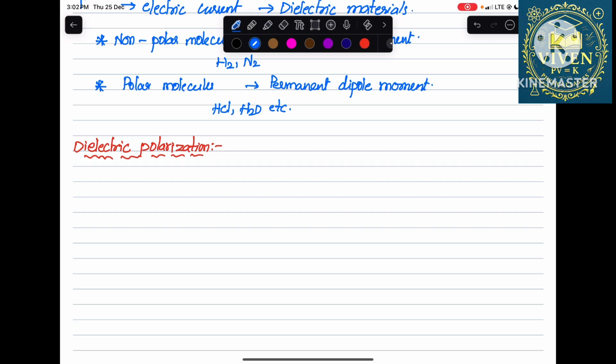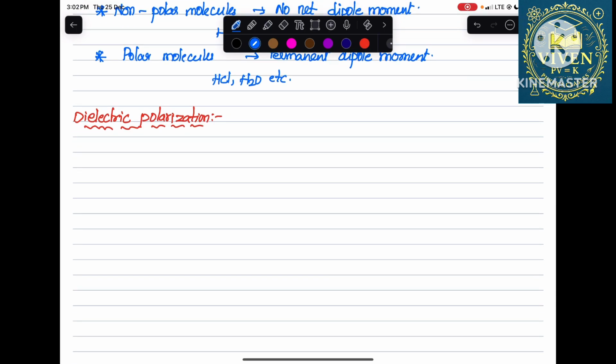Dielectric polarization is defined as the net dipole moment, or total dipole moment, of a dielectric material per unit volume. So this polarization is always directly proportional to the electric field applied across the dielectric material.